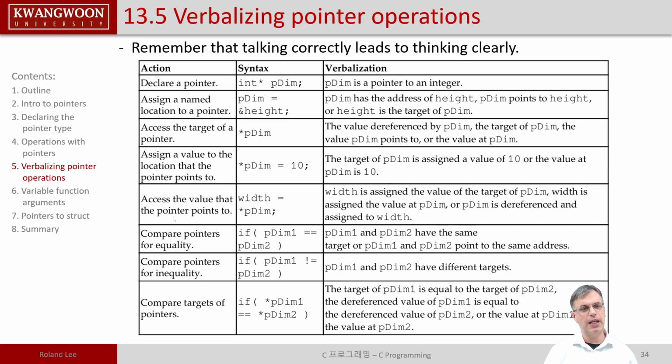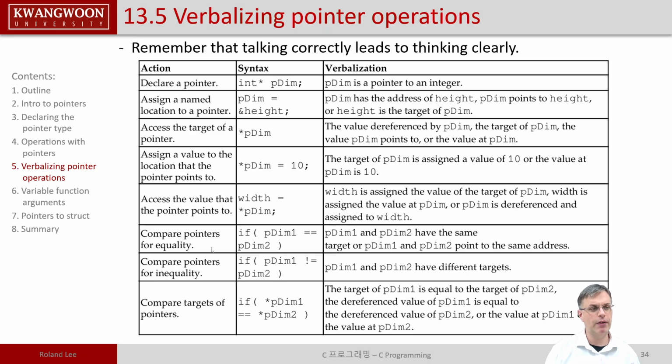Access the value that the pointer points to: width is assigned the value of the target of pdim. Width is assigned the value at pdim, or pdim is dereferenced and assigned to width.